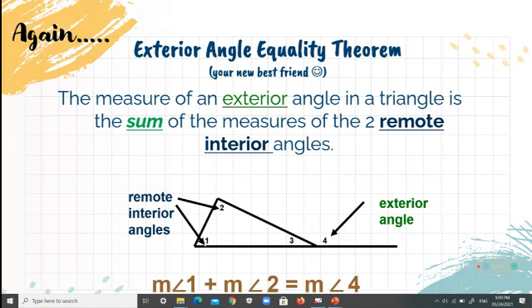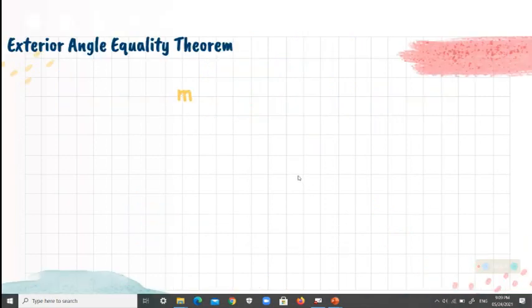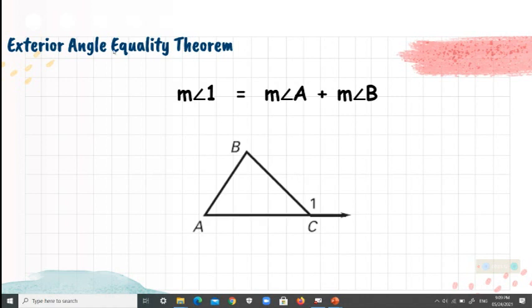So we may say that the measure of angle 1 plus the measure of angle 2 is equal to the measure of angle 4, which is the exterior angle. Another example of the exterior angle equality theorem is this figure. The measure of angle 1 is equal to the measure of angle A plus the measure of angle B.